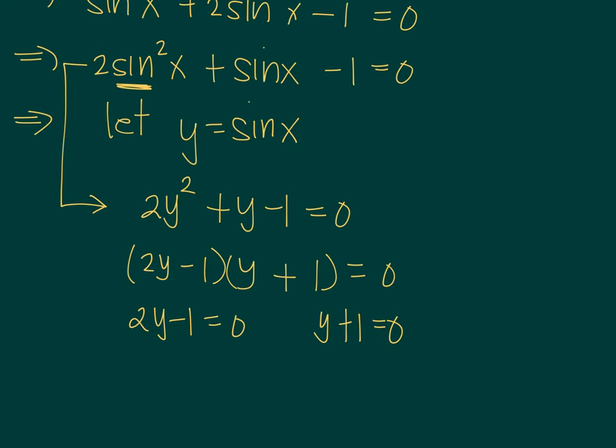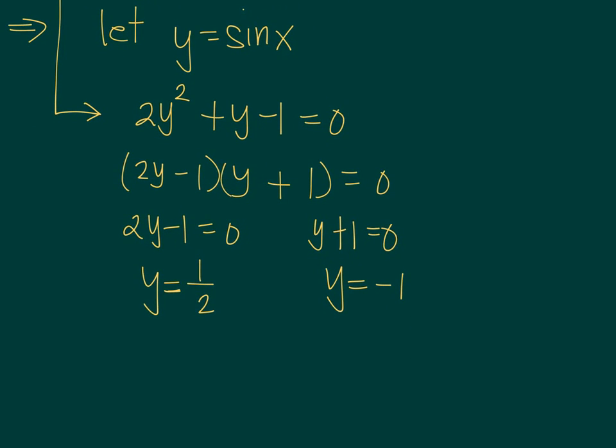For 2y minus 1 equals 0, y must be equal to 1/2 by doing some algebra, and then y is equal to -1. Now note that y is just a temporary value for sine x. So you can now return the value sine x as a replacement for y. So sine x is equal to 1/2, and sine x is equal to -1.